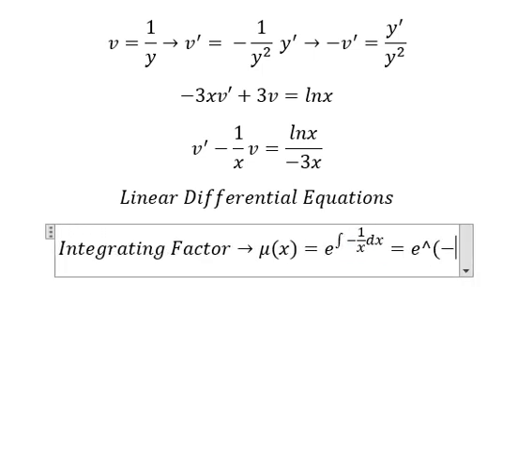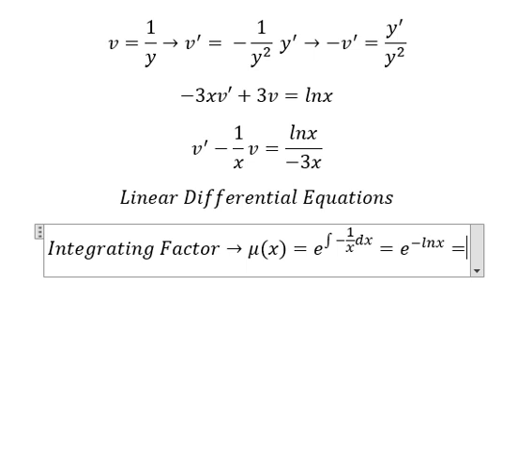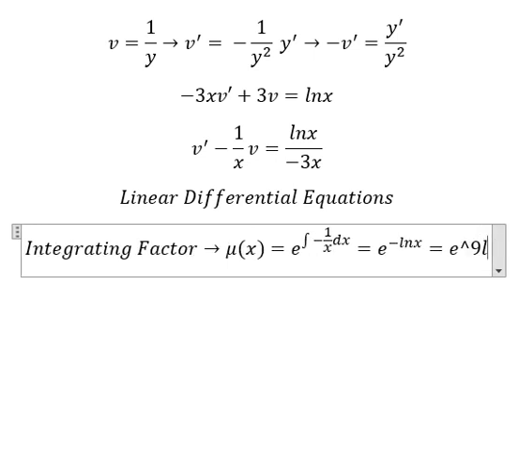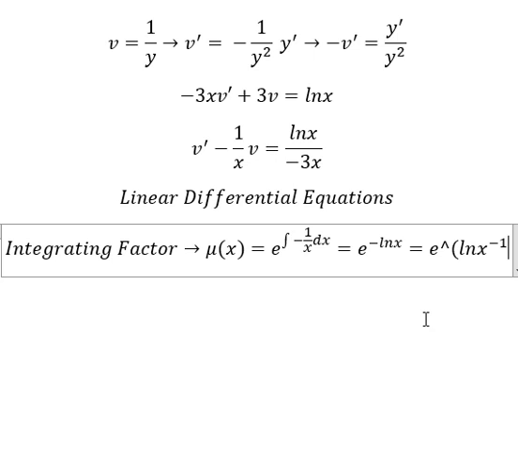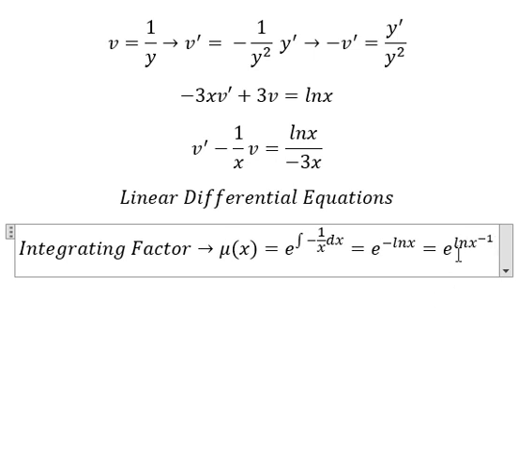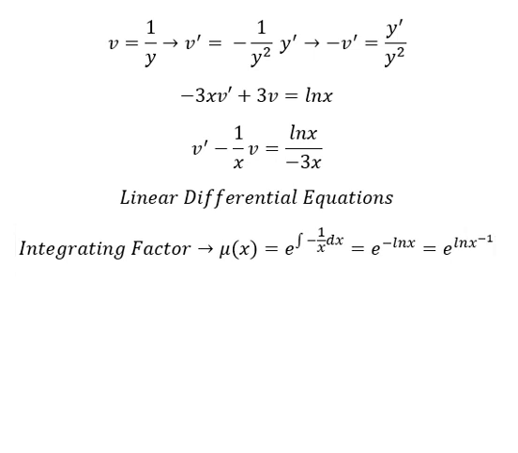And we have negative ln s. Later, the negative sign will go inside the natural log in here. This one we simplify and we have s to the power of negative 1.